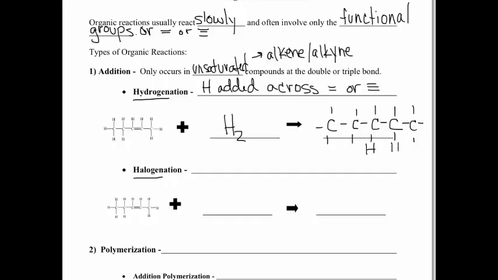I'm going to write in the two we added so you can see. So we actually broke one of these two bonds so that these two carbons could pick up the two hydrogens from H2. And halogenation is the same thing, except it's a halogen, so fluorine, bromine, chlorine, iodine, that's added across that double or triple bond.